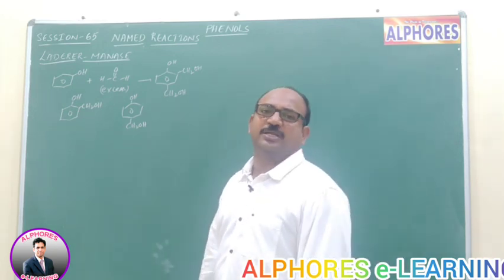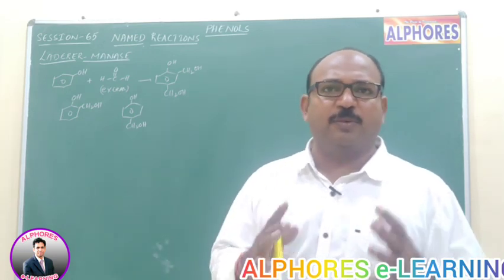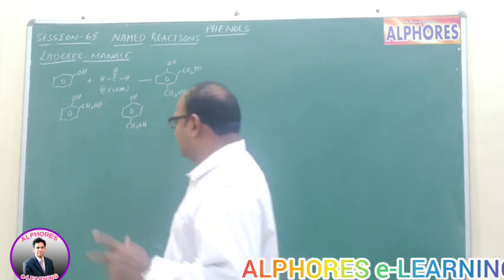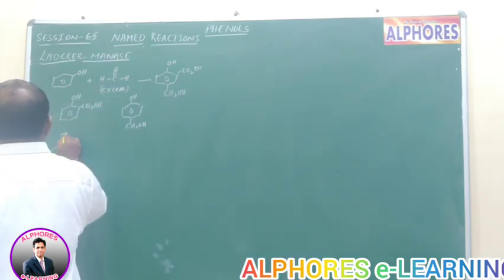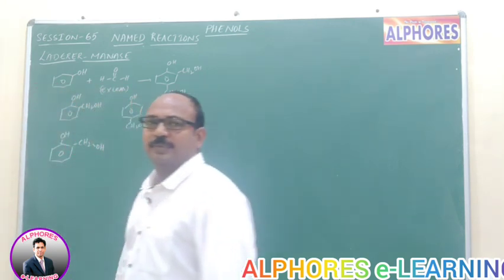Now condensation means two or more molecules combine to form a large molecule with elimination of small molecules like water or HCl. See here what happens. Consider OH and CH2OH.